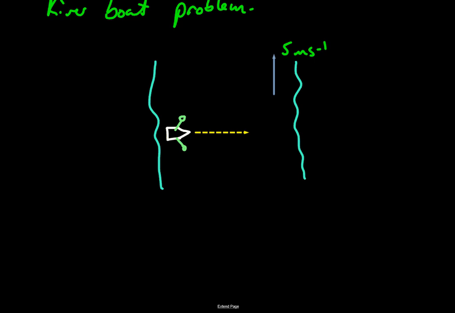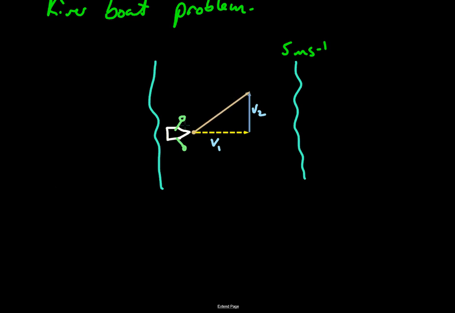So your actual motion ends up being the sum of your two input vectors: whatever velocity you're rowing at, v1, plus the velocity of the river, v2, add together to give you velocity 3, which in this case is over in this direction somewhere.